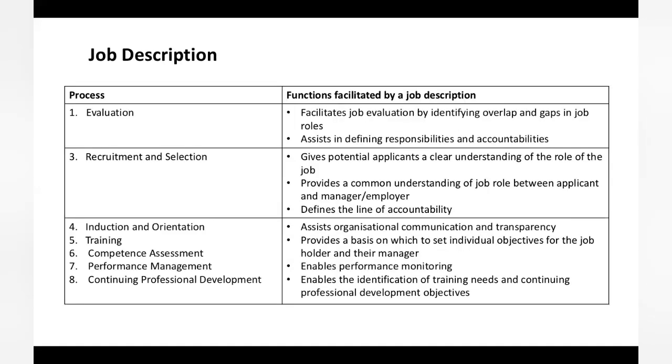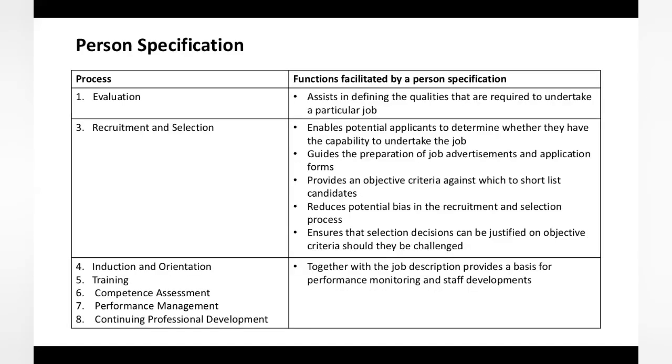See, the difference is, here you are writing what you are expecting from a person. Here, based on this job description, you are writing what should be the qualification, training, and experience of that person. So this will help you in better evaluation. You will recruit the correct person who will be able to fulfill your job requirement.